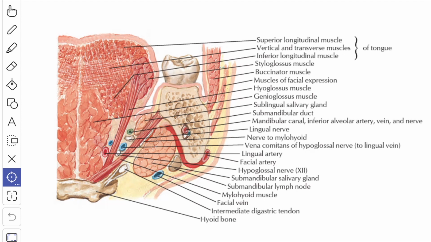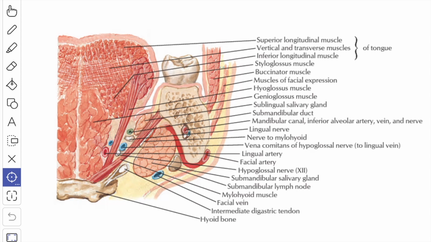So now we'll see the muscles altering the shape of the tongue. The muscles which make the dorsum concave are the genioglossus muscle, superior longitudinal muscle, verticalis linguae muscle and styloglossus muscle.